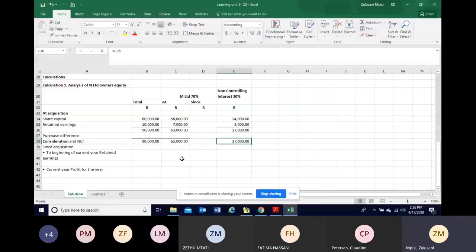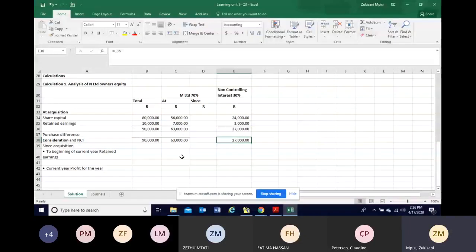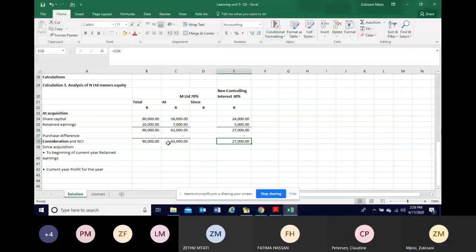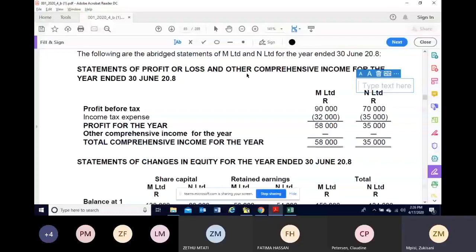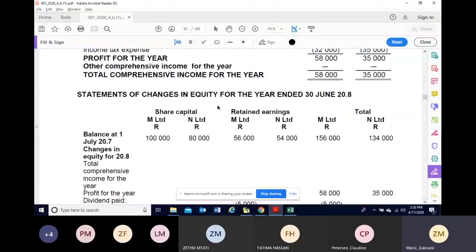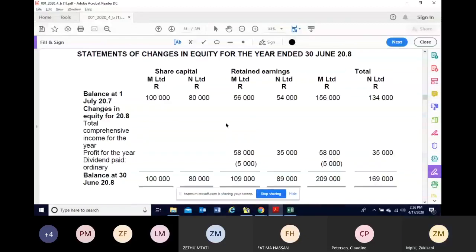So we have come this far, and now we have got to look at since acquisition, which means before the current year, how have things been? So we go to our statement of changes in equity, because on the statement of profit or loss and other comprehensive income, we won't see anything. We are told that at the balance at 1 July, retained earnings of NLTD were 54,000.